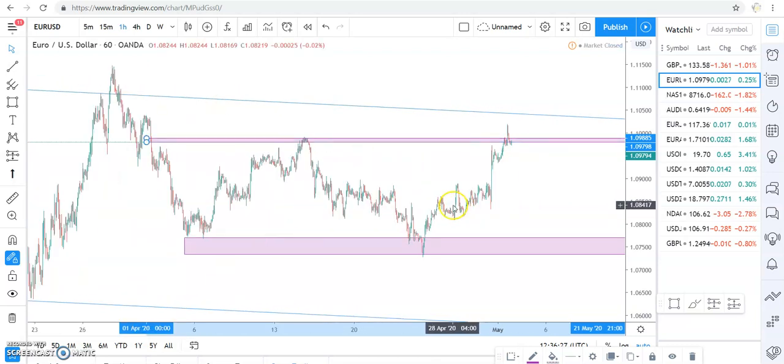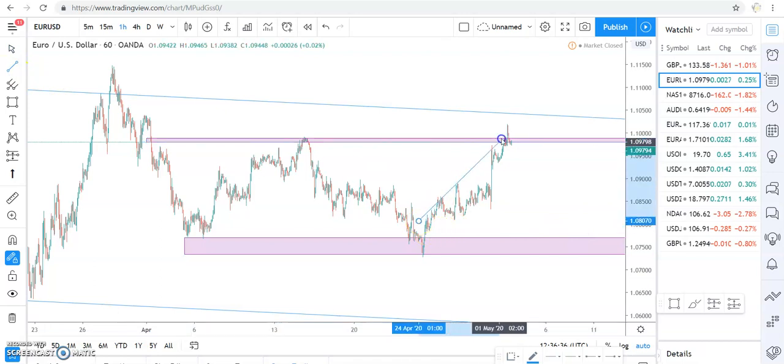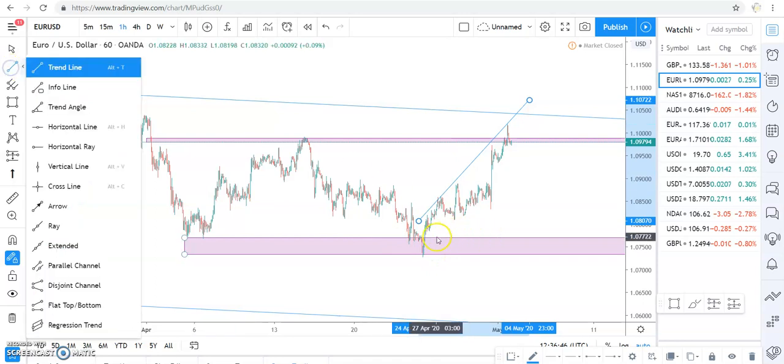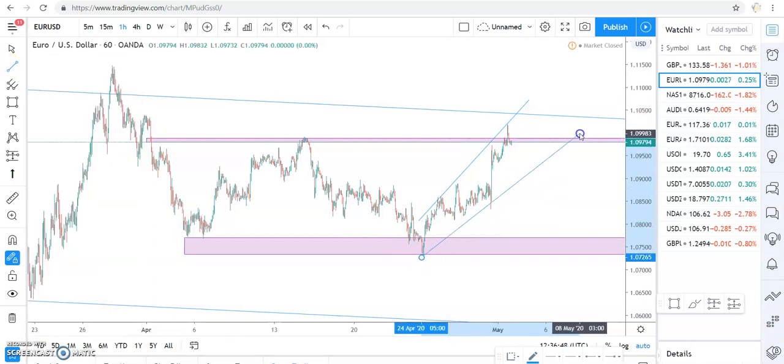But again, I want to have an accurate entry. So what am I gonna do? I'm just gonna draw some trend lines again. You can see we're pushing up, and again down below here we've been pushing up.